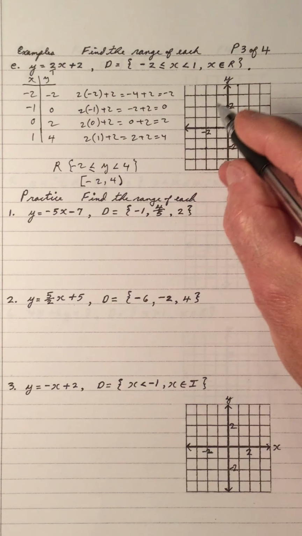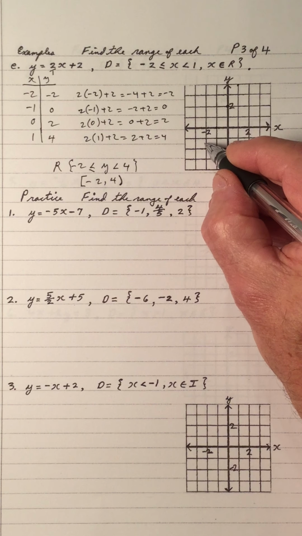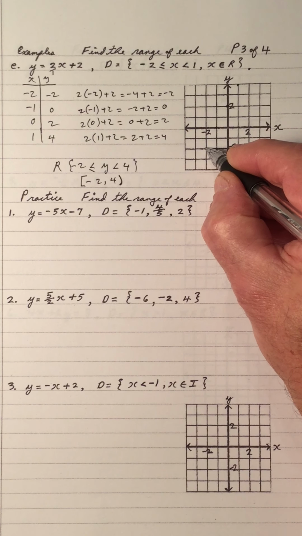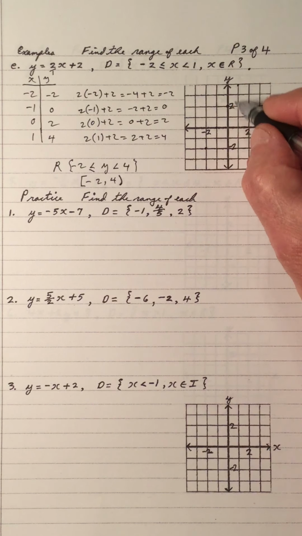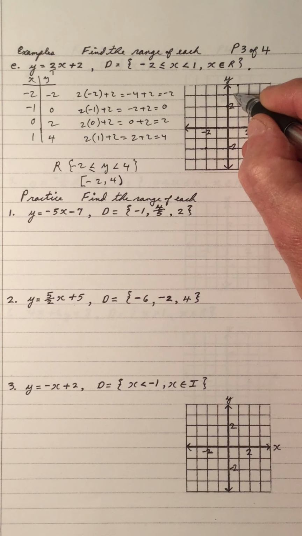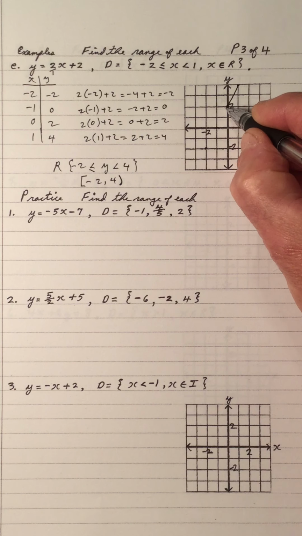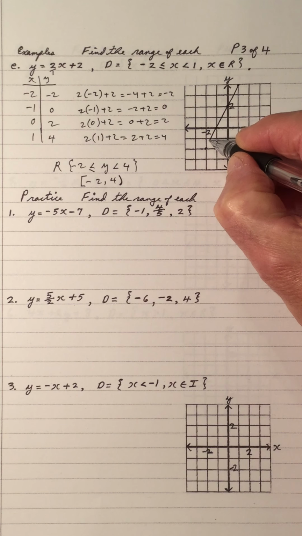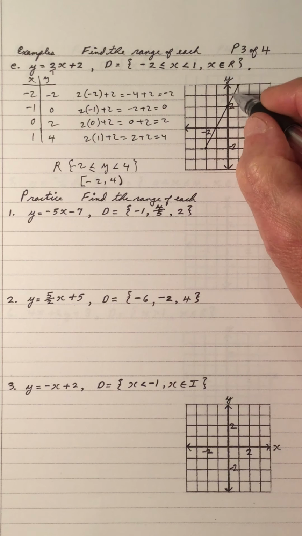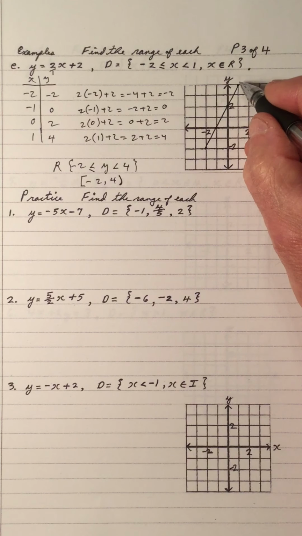negative 2 to 1. So the x value is negative 2. So we're looking at this point up to where x is 1, which is this point. So we're only looking at these. Again, we can shade this in because we're talking about real numbers, not just the dots.